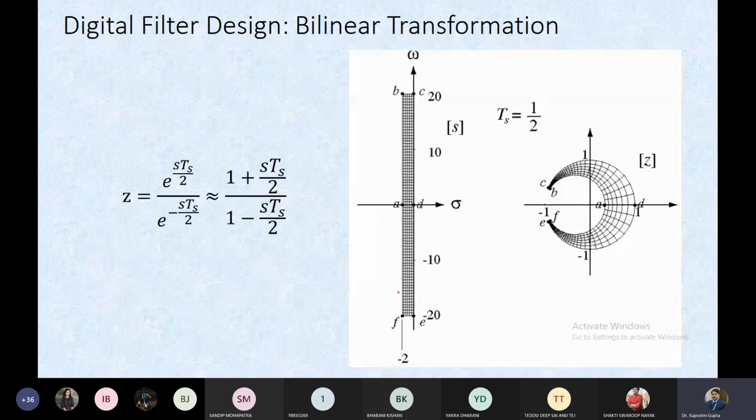You can find with this expression that any value in the left-hand plane of the s plane will be within the unit circle. This is given with, say, Ts equal to half unit, and if you map this, it will always be within the unit circle in the z domain, and therefore we'll get a stable filter out of this.